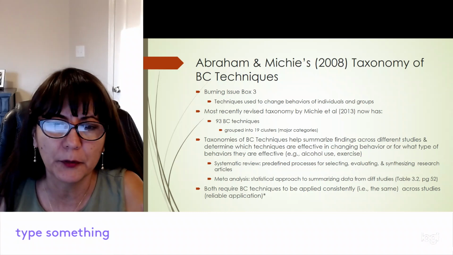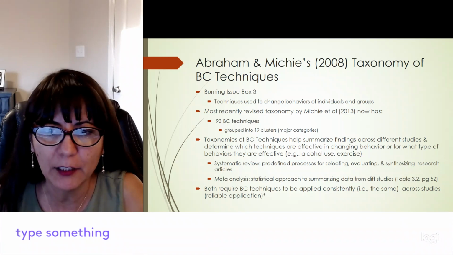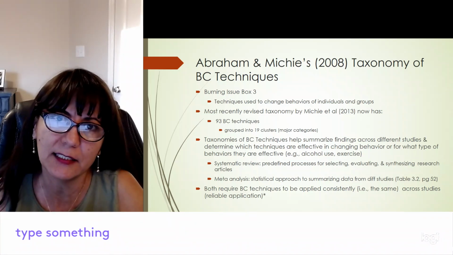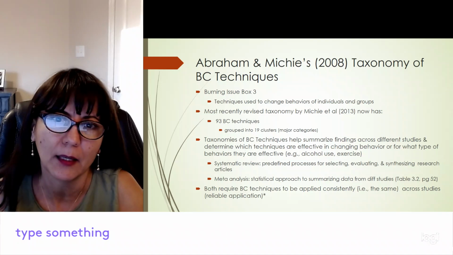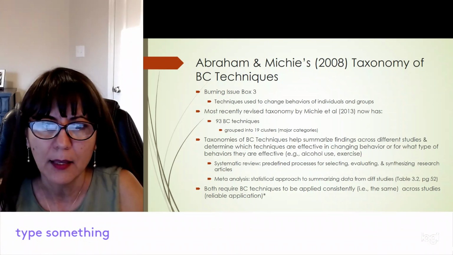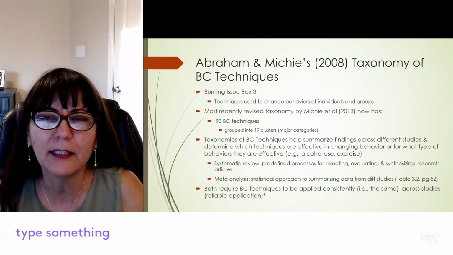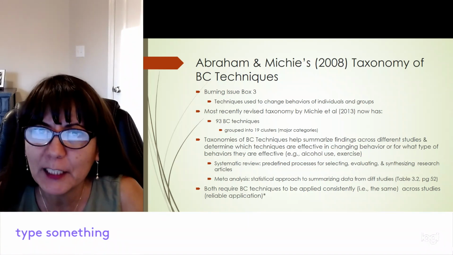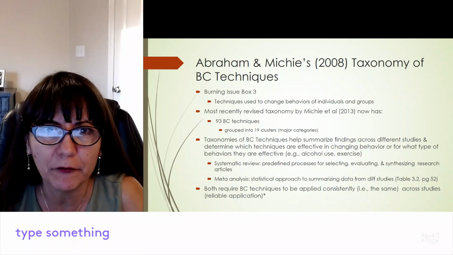And then it also provides the steps for evaluating and even for synthesizing the information in those research articles. A meta-analysis does the same thing, but it takes it a step further.